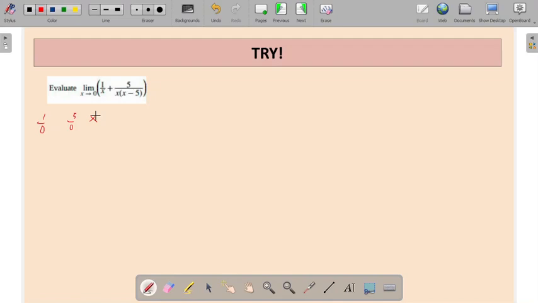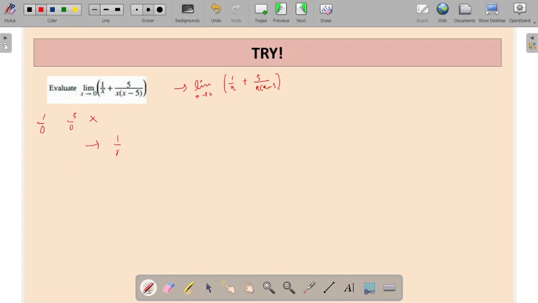Okay, now let's simplify this function. I'm going to write the function for you again. Limit x approaches 0 of 1 by x plus 5 over x minus 5, right? Okay, then I'm writing this function separately here.